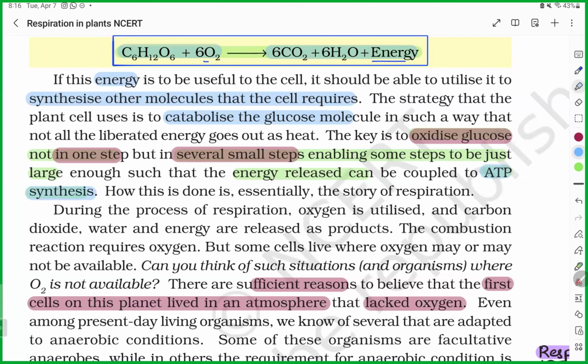Why? Because in the respiration process, we have the electron transport system. In total, we make 38 ATP. Correct? Electron transport system, 34. The reason is this: all ATP is produced in small steps, not in one step.